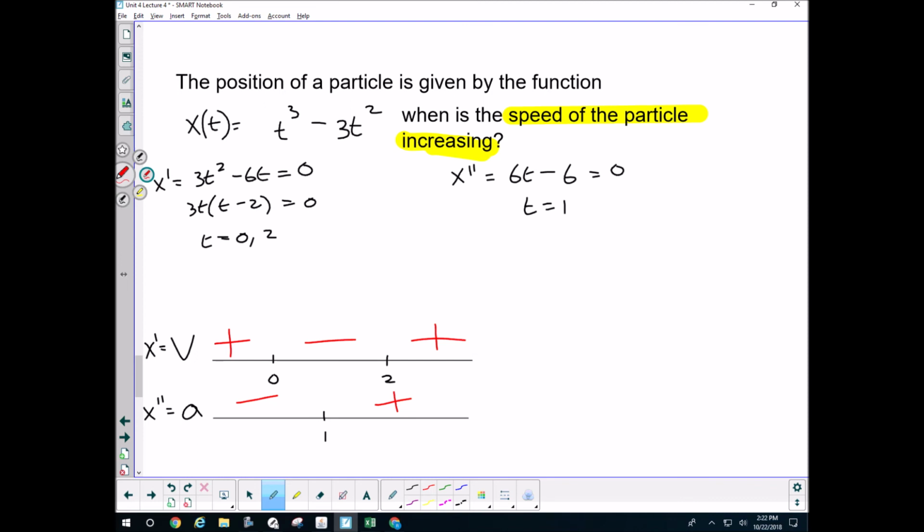Now, there's so much information you can get from just a sign analysis. This is telling you that my object is moving to the right, then to the left, then to the right. You know, that's one thing. Or you could say my position is increasing, then decreasing, then increasing.